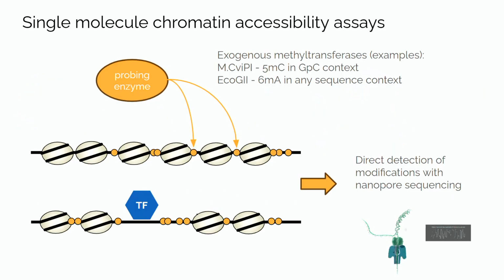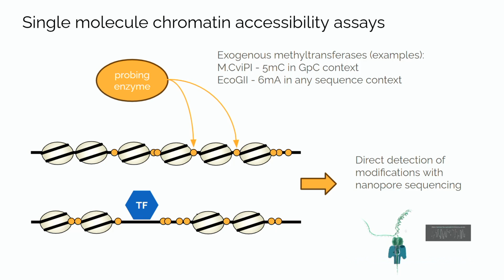Single molecule footprinting allows us to get a very high resolution readout of chromatin accessibility. And the way this works is that you're basically taking your nuclei, you're incubating them with an exogenous methyltransferase. And there are many of these methyltransferases. The data you will see today was generated using EcoG2, which is a sequence-agnostic adenine methyltransferase, which basically means that it will go into the cells, into the nuclei, and methylate every adenine that it can access, regardless of the sequence context.